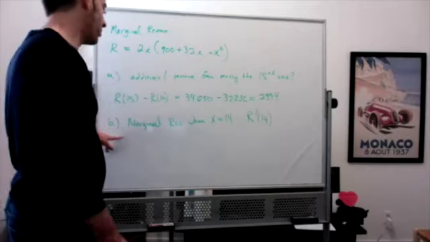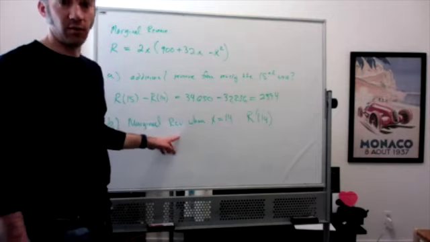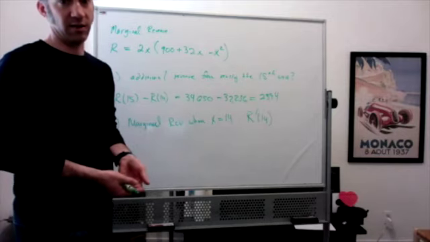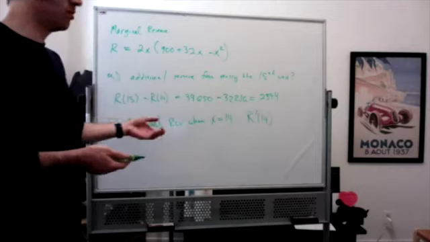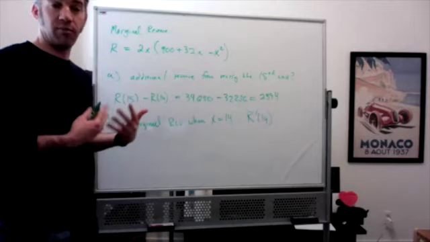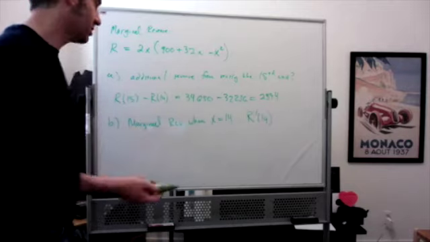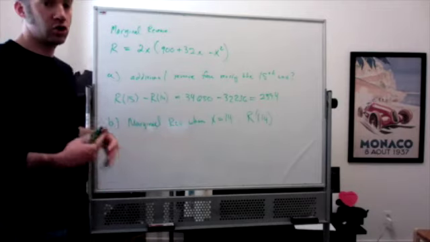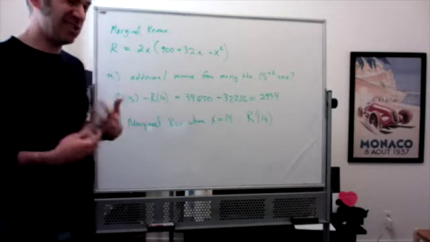The marginal revenue when x is 14 is a fancy word for the approximate increase in rent from the 14th to the 15th unit. So if someone says marginal whatever at a certain value, all that's asking is to approximate the change in value at this number. So this number we get should be close to this number here. It's a good approximation, and it's easier to calculate.